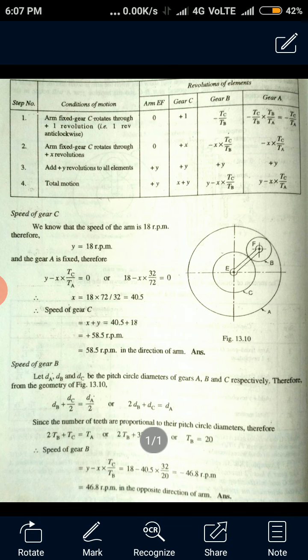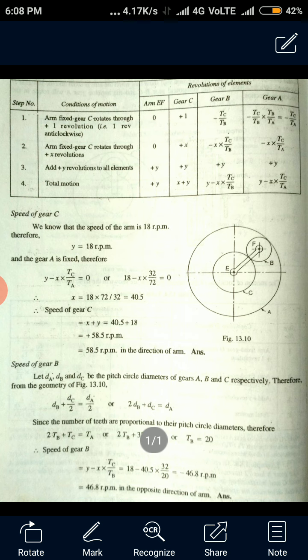When gear C rotates anti-clockwise, gear C is meshing with what? The gear B. Now you see how to form the table here. Since we have taken gear C as the driver, C is meshing with B, so gear C will come first, then gear B because C is meshing with B, and after B the gear A will come because B is meshing with A. So the order of the table should follow the way the driving gear meshes with the other gears.